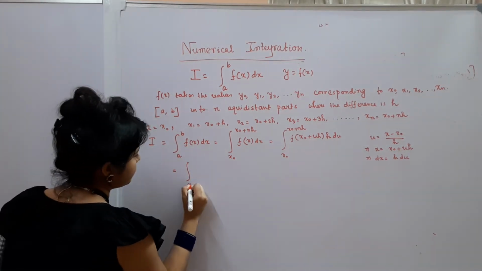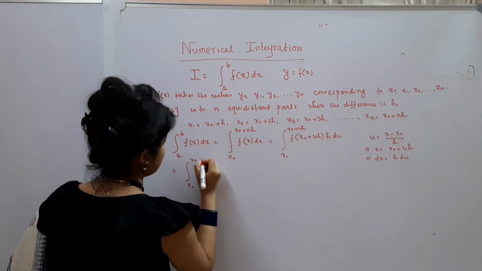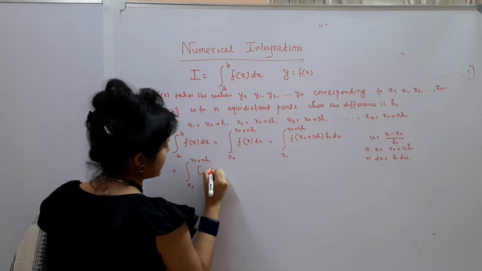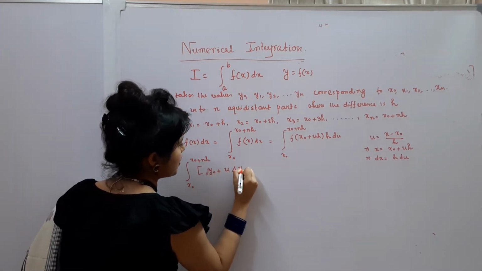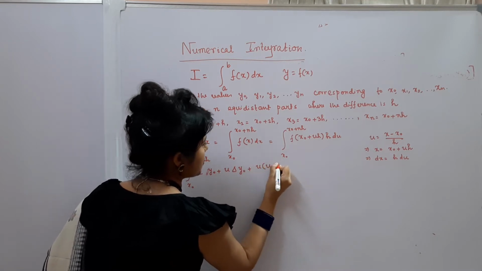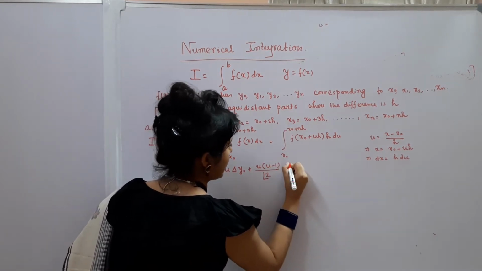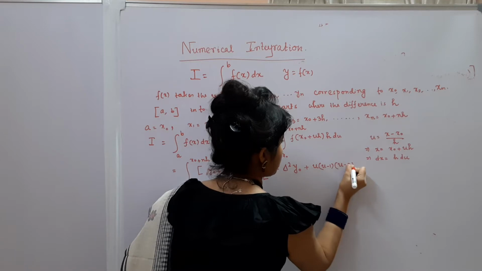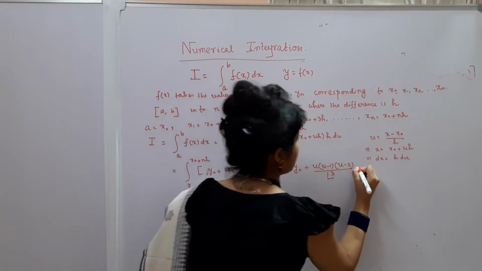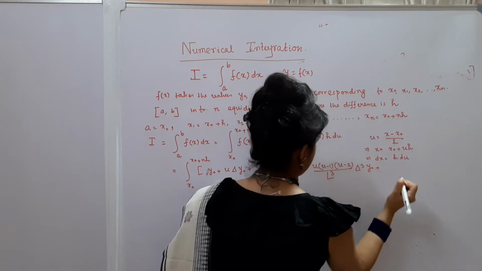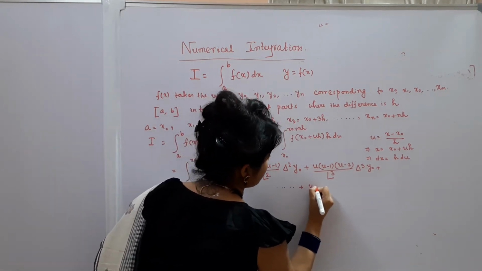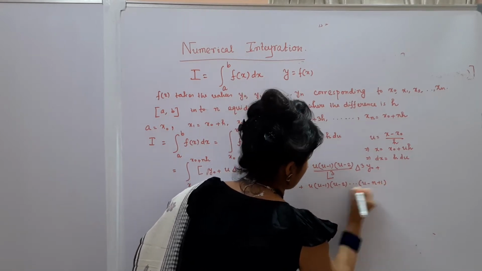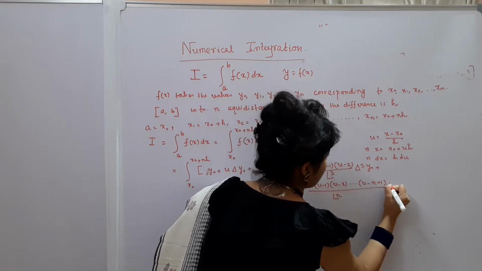Now I can express it in the Newton's forward interpolation formula, that is f of x is actually y0 plus u into delta y0 plus u into u minus 1 by factorial 2 delta square y0 plus u into u minus 1, u minus 2 by factorial 3 into delta cube y0 plus and so on, up to u into u minus 1, u minus 2, up to u minus n plus 1 by factorial n delta n y0.